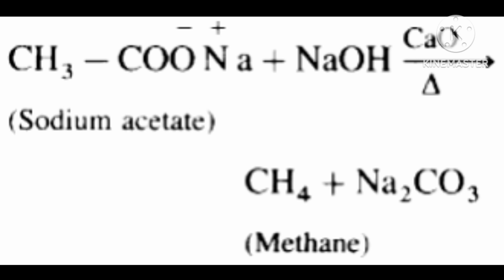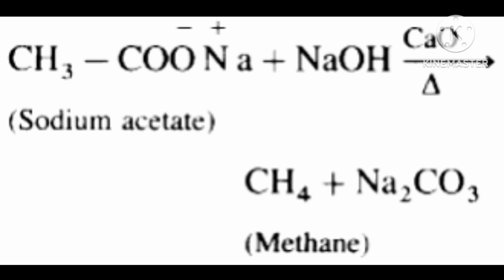When this one oxygen goes, in its place two hydrogens come. One oxygen is equivalent to two hydrogens. Then it will form CH2OH. R is already attached, so RCH2OH. Okay, that it will form. Carboxylic acid forms alcohol.